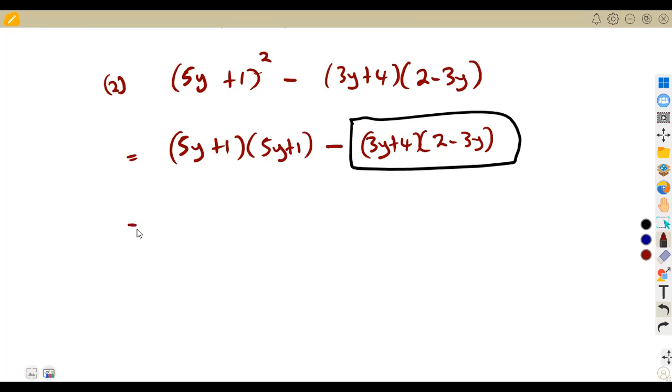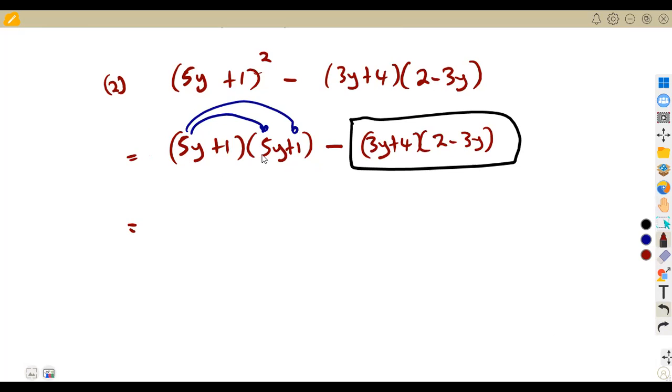So the first part, it does not have any effect because we do not have any sign affecting these two. So on these two, you are just going to expand your brackets as usual. So here we are going to multiply 5y to the other bracket.